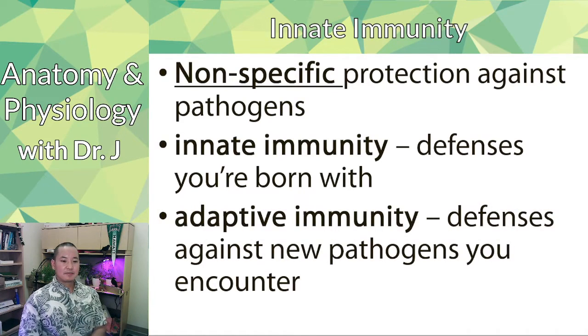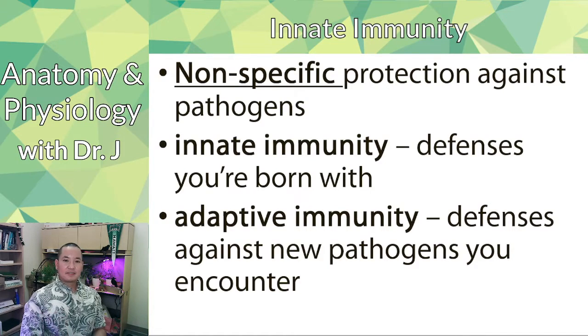Whereas adaptive immunity is defenses that you aren't born with, but you accumulate during your lifetime. Some people don't like this designation, but I like to draw an analogy with your computer or your phone. Innate immunity is like the software already on your phone when it's new.